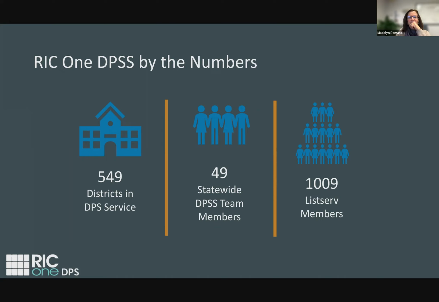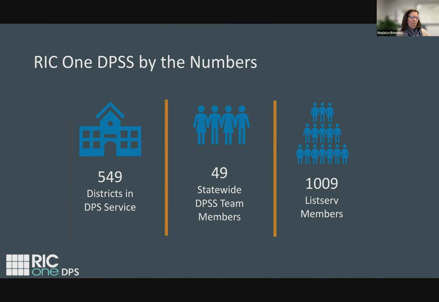Over the past number of years, RIC 1 has developed a data privacy and security service for our component districts. The 12 RICs that are working together are currently supporting 549 districts, and I think that number might actually be a little bit higher now. What we offer is an opportunity for districts to be able to navigate Ed Law 2D.